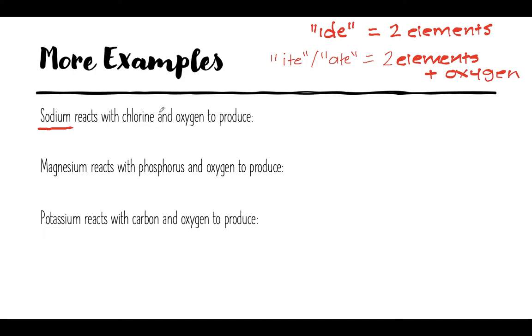So we have to indicate in the name that oxygen is present. And how we do that is, instead of changing the INE to IDE, we would change it to either ITE or ATE. In this case, we are going with ATE, and our compound is called sodium chlorate.